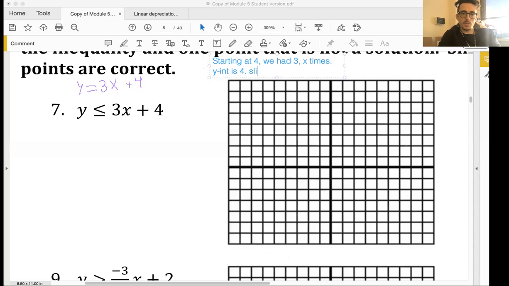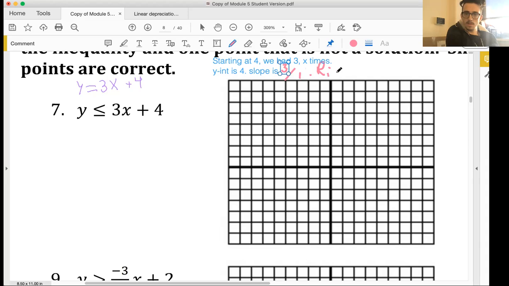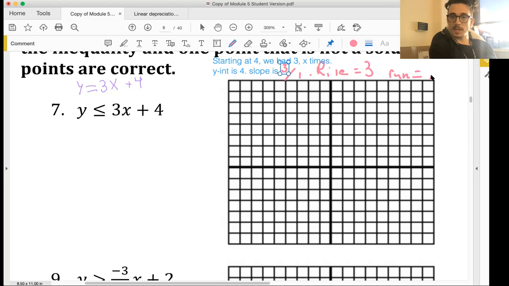Hopefully you're saying that our slope is, well, what's our slope? Maybe try this as a fraction. What's our slope as a fraction? Hopefully you're saying 3 over 1, where our rise is 3 and our run is 1. Kind of a boring function, but that's okay.